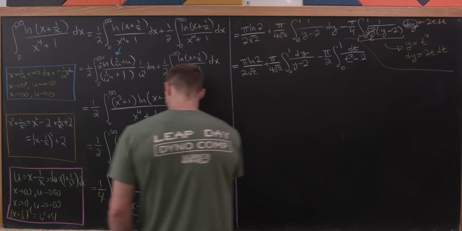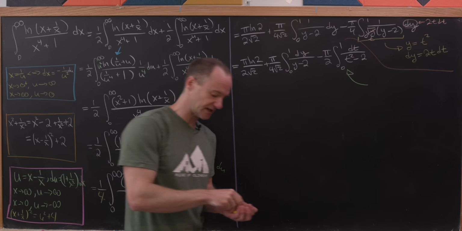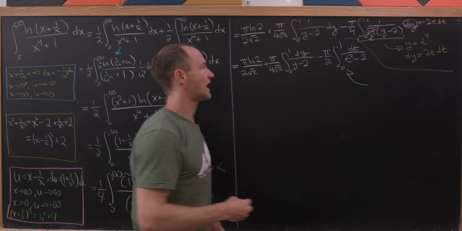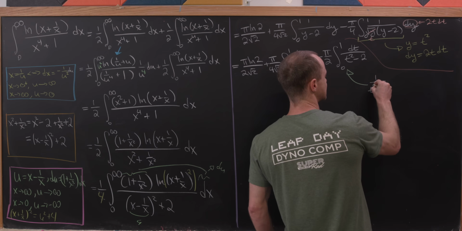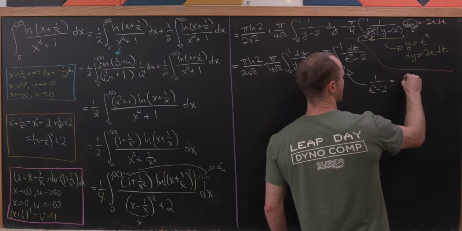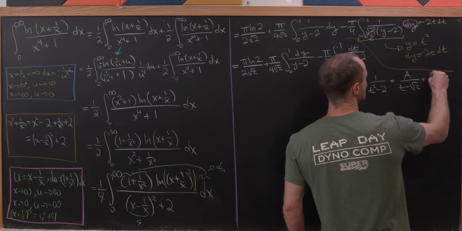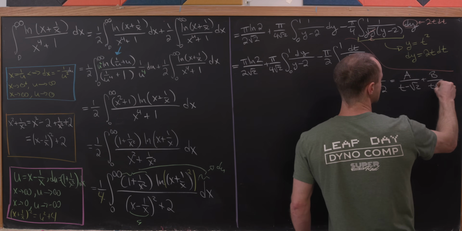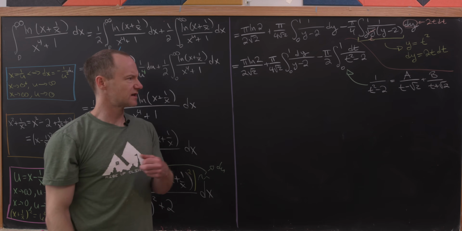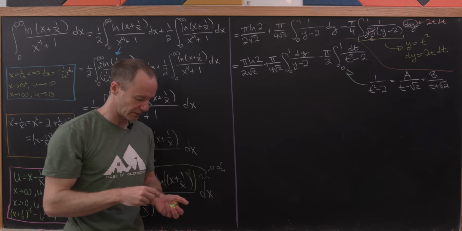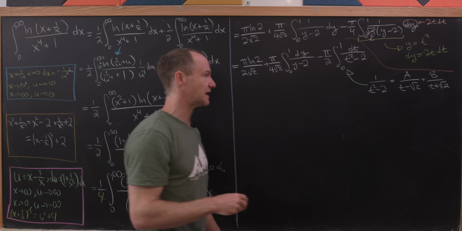And then this integral over here can be done with a partial fraction decomposition. So in fact, we can take this 1 over t squared minus 2, and write it as a over t minus the square root of 2 plus b over t plus the square root of 2. And just to do this more thoroughly than we did the last one, let's explicitly calculate what a and b are.